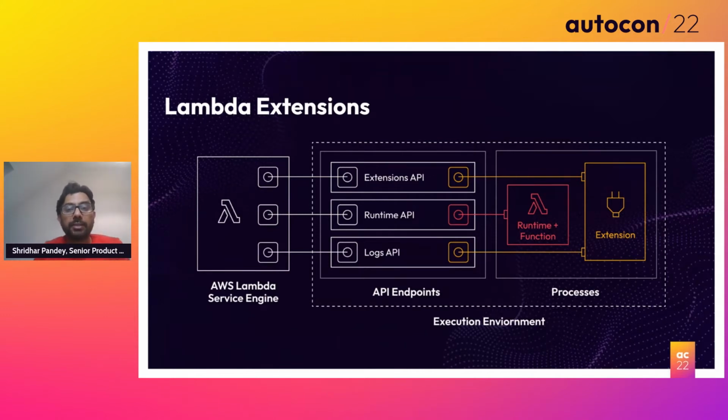In fact, the extension can get initialized even before the function code is initialized. So anything that's in your init block, extension code can get initialized before that. It can run in parallel while the function invocation is running, and it can continue to run even after the function code has returned the response.